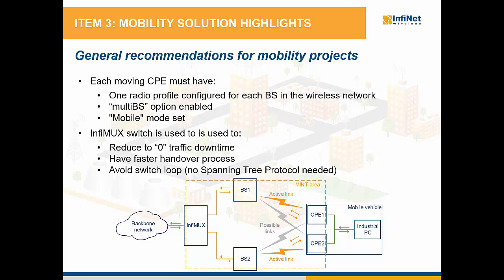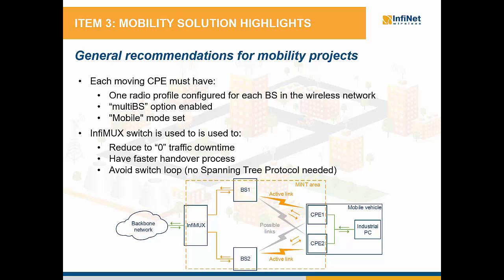In such a deployment, the InfiMUX will know at each moment which are the possible links and also the active links. And MINT calculates the cost between each and every link, so it can influence the switching engine to switch packets from one link or another.